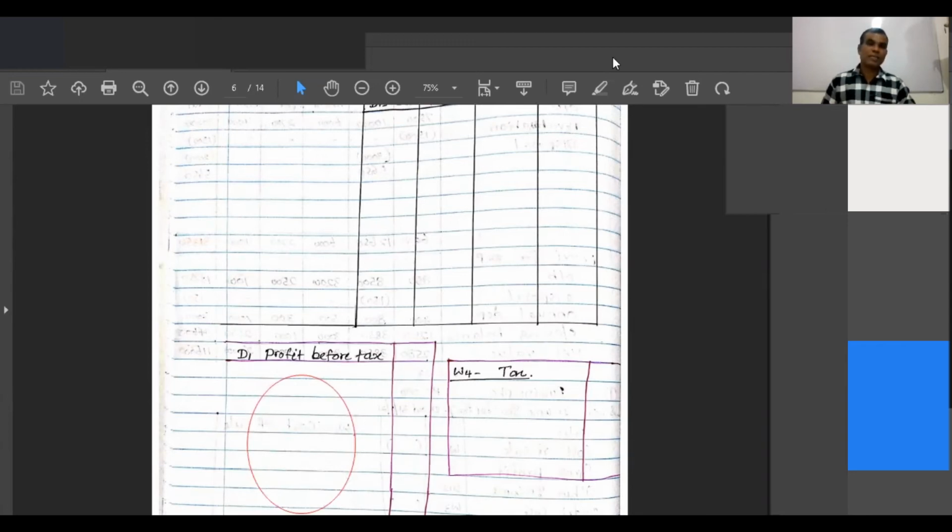Then what are the items that should be recorded in the profit before tax? We have to consider the items. I'll show you how to find it out and determine the values that you have to record here. Right, now this is how you have to identify.